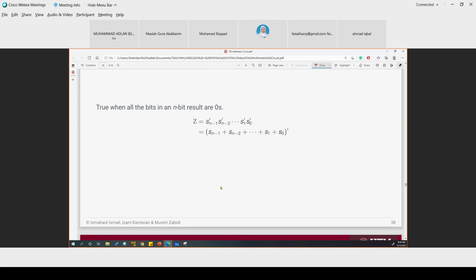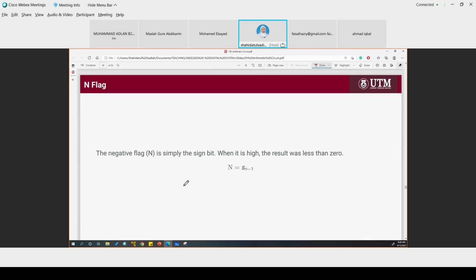So the Z flag, how to calculate the Z flag? This is the formula. When all bits are 0, you add all bits and you will get 0, and then you complement 0, and you get 1. So Z is 1 when all bits are 0.